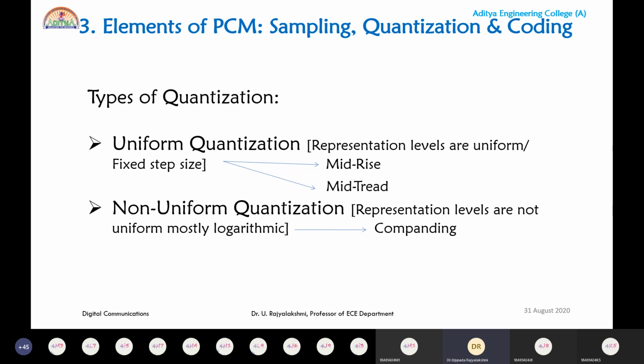Uniform quantization technique is generally of two types: mid-rise and mid-tread. What is the basic difference between mid-rise and mid-tread? Here the classification is based on the origin location.